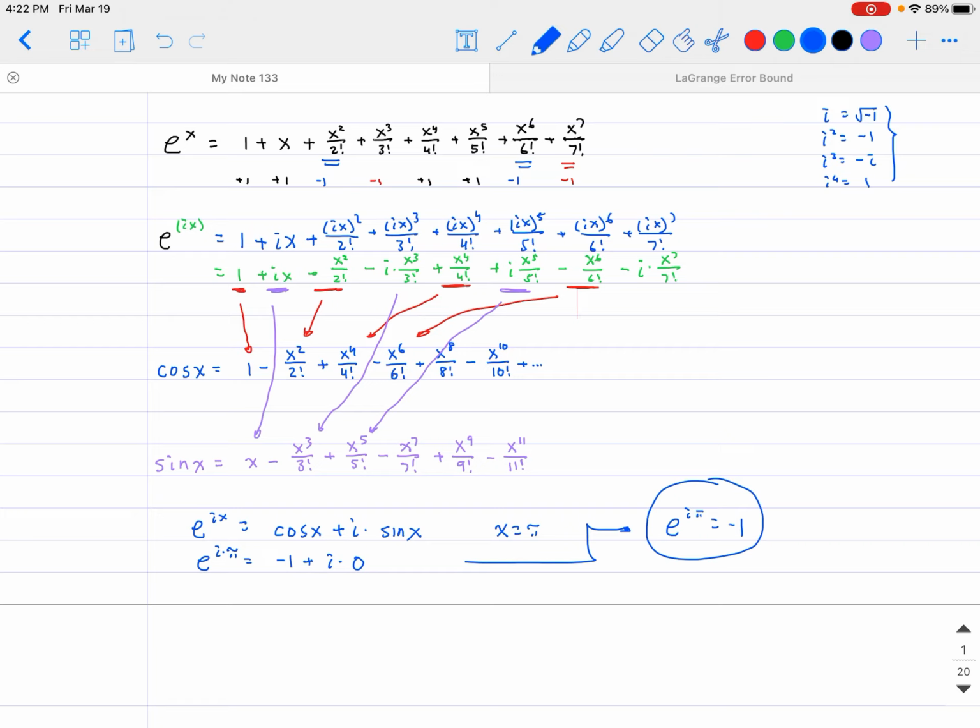Even though this doesn't do too much for us practically, for mathematicians it's kind of a beautiful thing, because this is where you have a relationship between some of the most distinct numbers in math all together in one single equation. And if you want, you can put the 1 onto the other side because that's a little more common. So e to the i pi plus 1 is equal to 0.